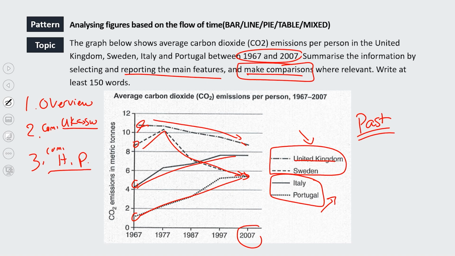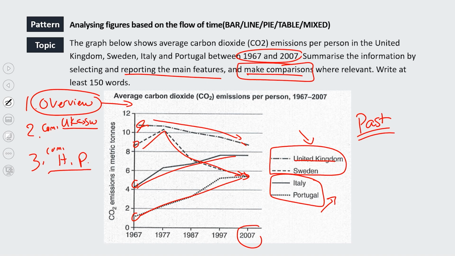Lots of chances for comparison, and it's a very logical divide: the countries that increased versus the countries that decreased. And then in your overview, you want to make a general comment about the theme. So first I'm going to paraphrase the information in the graph. It would be something like, the graph displays the changes in carbon dioxide emission per person in 4 countries across a 40-year period.